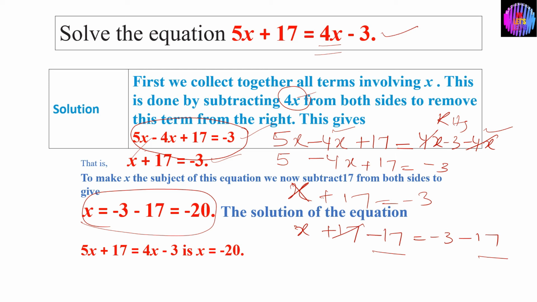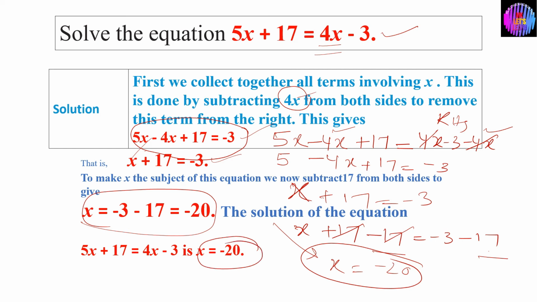Here in the left hand side, plus 17 minus 17 will be cancelled. x is equal to minus 3 minus 17, which gives minus 20. So the solution of the linear equation 5x plus 17 is equal to 4x minus 3 is x is equal to minus 20.